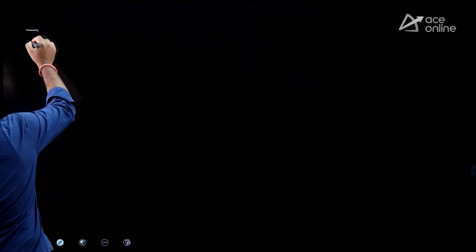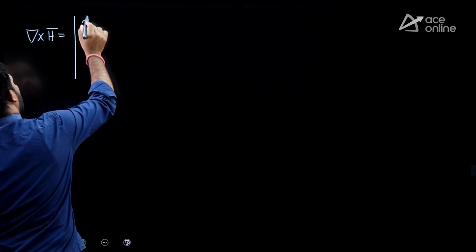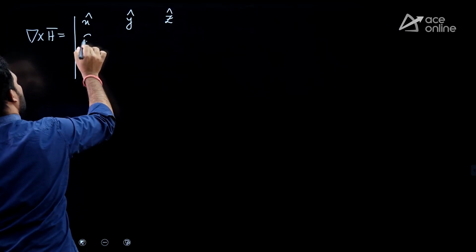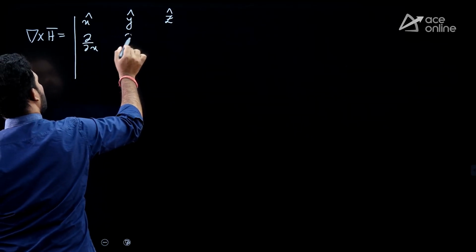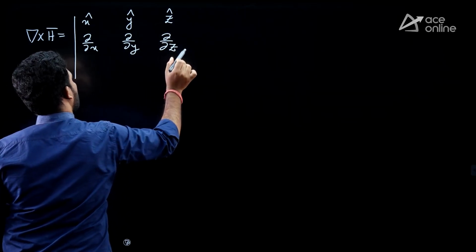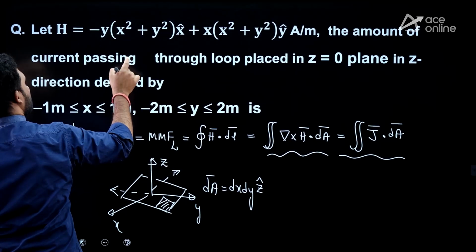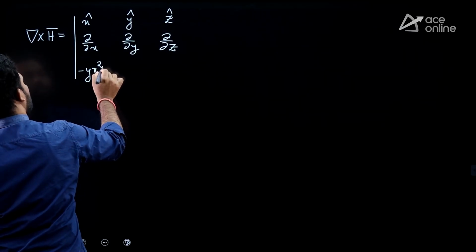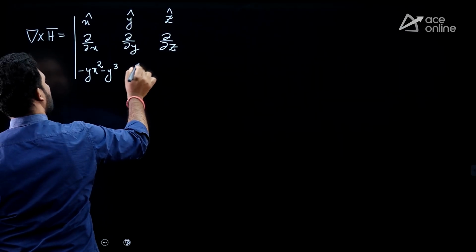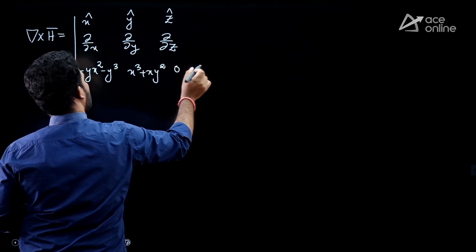So the del cross H, guys, it is determinant of x cap, y cap, z cap, dou by dou x, dou by dou y, dou by dou z. What is x component? It is minus y x square minus y cube. It is x cube plus x y square. This is 0.